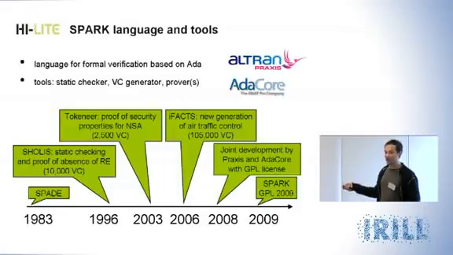Since 2005, in fact, I got the right figures now, Praxis has been developing this project iFACTS, which is the next version of the air traffic control system for the UK, and which is 1,025, the exact figure today, VCs. where they check also the static properties, static checking, and absence of runtime errors only, so no user properties.